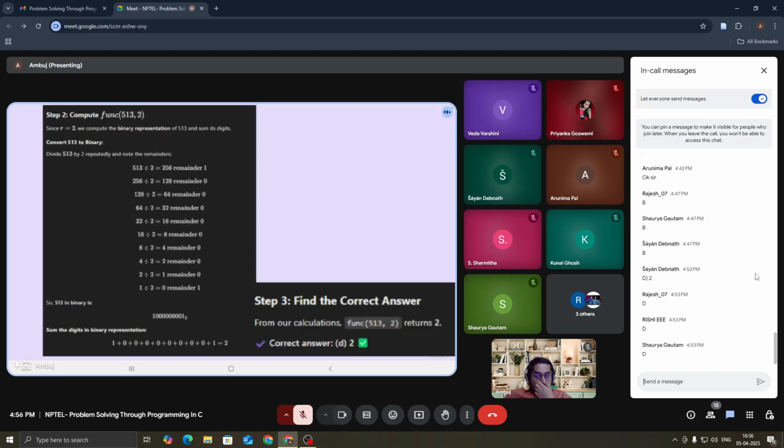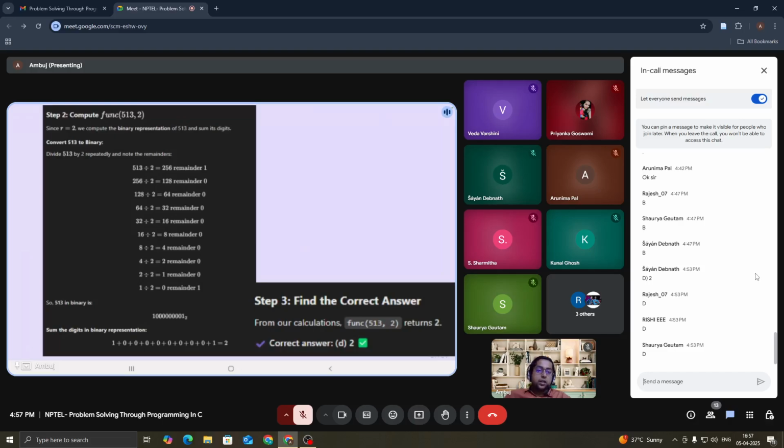Then 256 by 2 is exactly divisible: 128. Then 128 by 2 is 64, remainder 0. 64 by 2 is 32, remainder 0. 32 by 2 is 16, remainder 0. 16 by 2 is 8, remainder 0. 8 by 2 is 4, remainder 0. 4 by 2 is 2, remainder 0. 2 by 2 is 1, remainder 0.